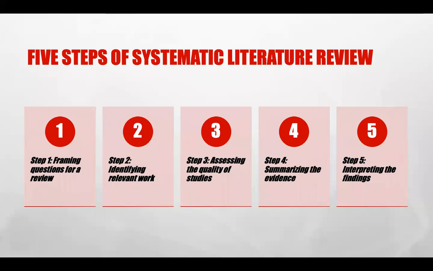You can take criteria from other studies or systematic reviews, or you can devise your own criteria on the basis of which you assess the quality of the studies. Then step 4 is summarizing the evidence, and step 5 is interpreting the findings. So these are the 5 steps of a systematic literature review.